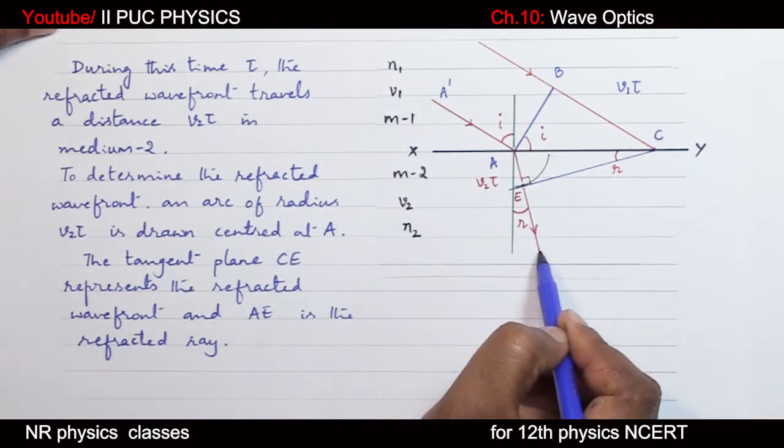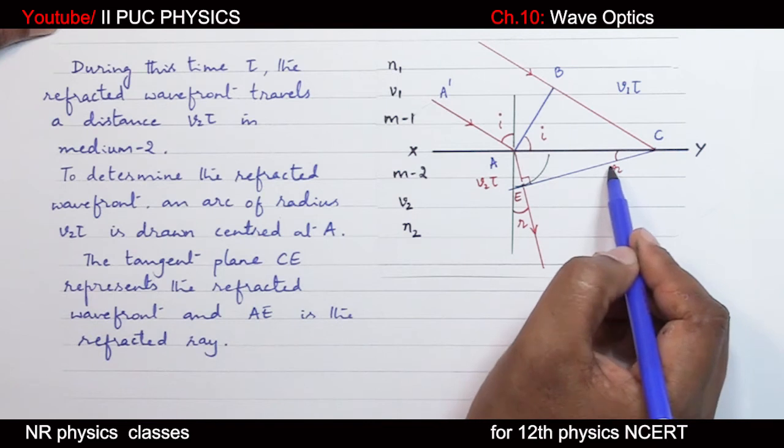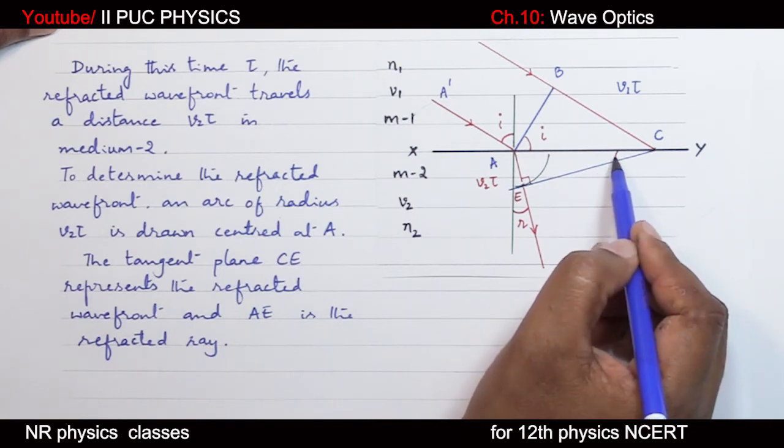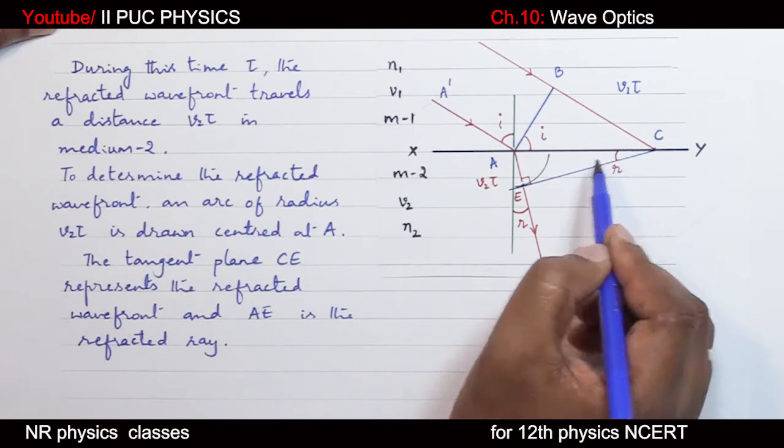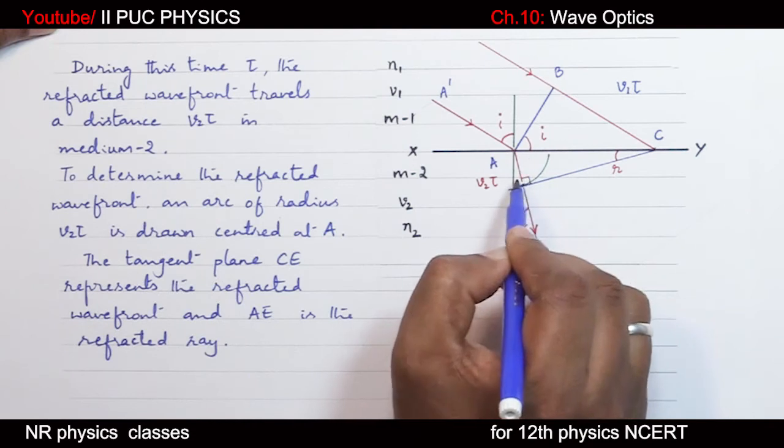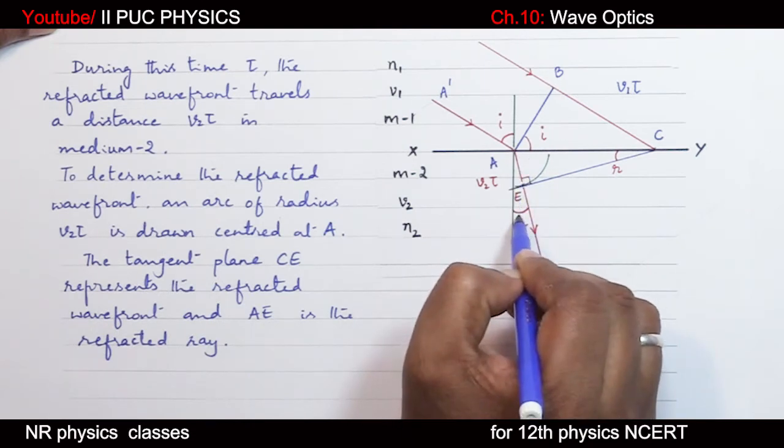So this is the refracted ray. And the angle between the refracted wavefront and the interface, that is this angle, is the angle of refraction. If this is R, this is 90 minus R, then this angle is R.